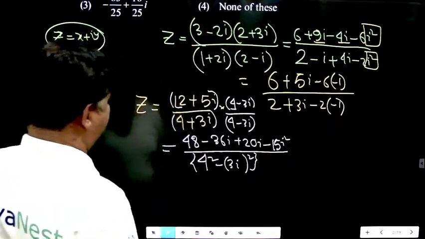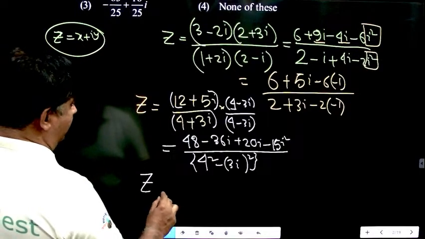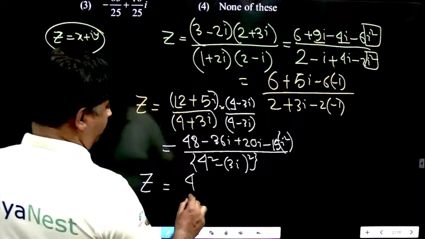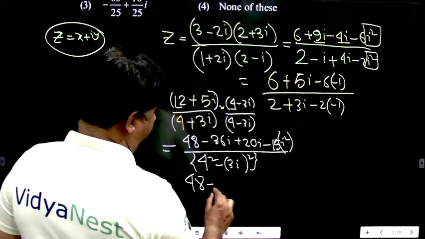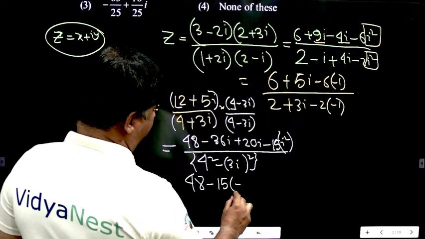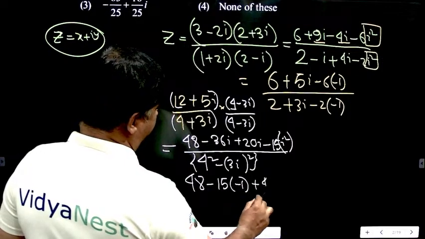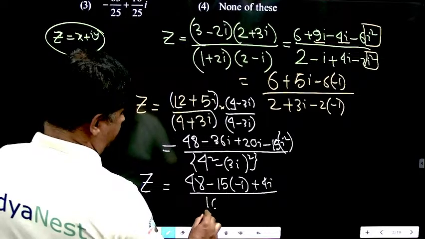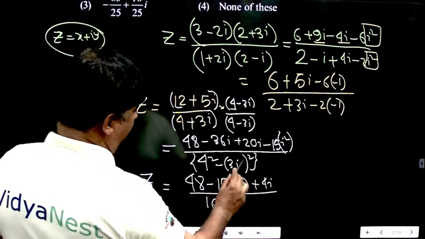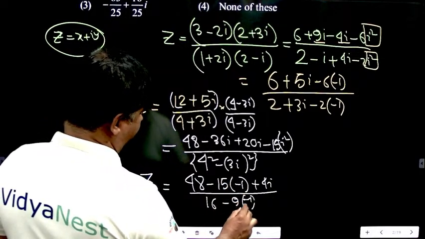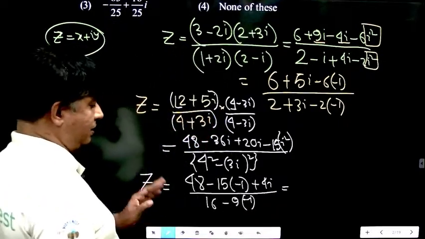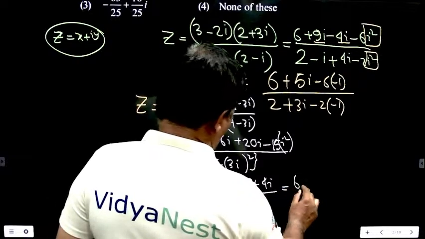So Z will be, i square is what? Minus 1. So 48 minus 15 minus 1 plus 4i, and here it is 16 i square minus 1. Therefore, the thing is reduced to 63.